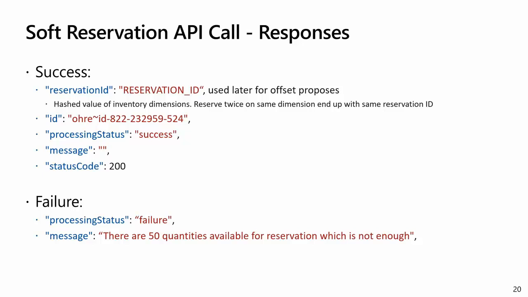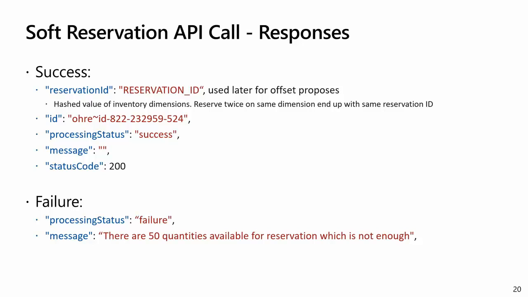However, when the request fails, we will have a failure processing status with a message. For a request that fails because the inventory on hand for reserve is insufficient, we will have a sample message like: there are 50 quantities available for reservation, which is not enough.